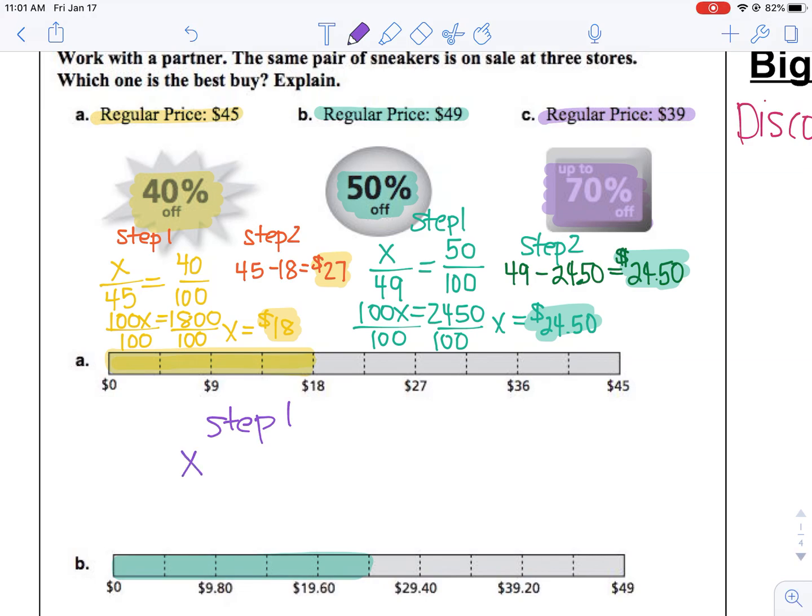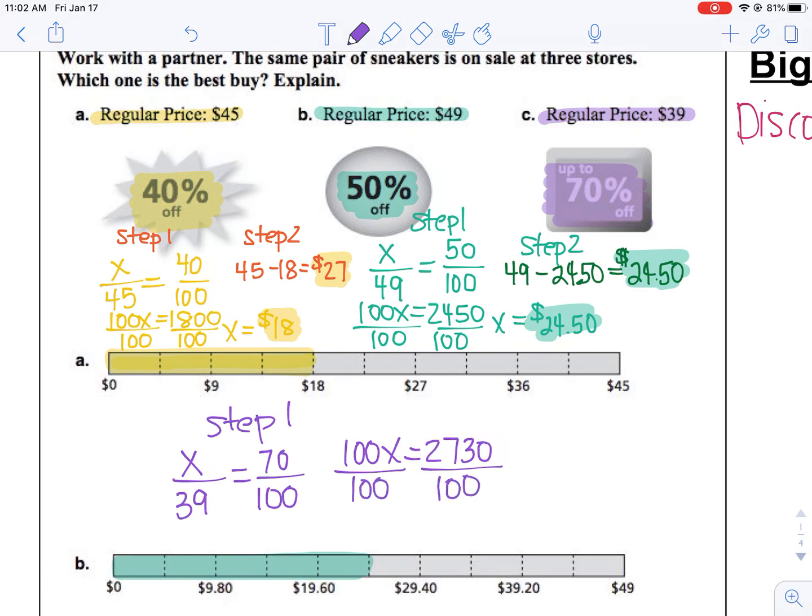So X over 39, because 39 is the original price of the shoes, and 70% over 100, cross multiply, divide, and there's your discount.